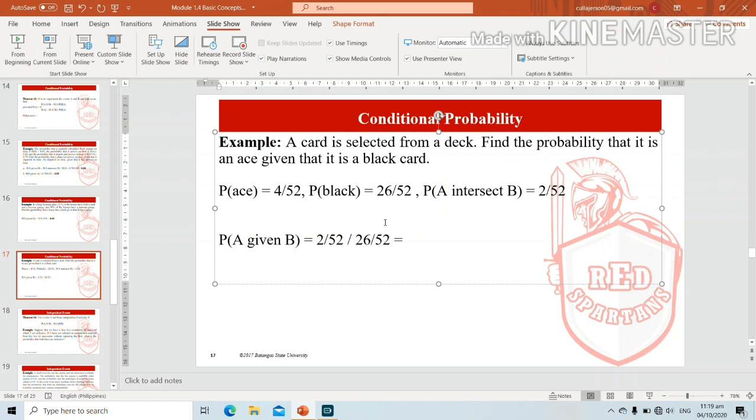So, ang sagot natin ay 2 over 52 divided by 26 over 52. Sagot natin is 1 over 13 or decimal natin is 0.08. Yan yung answer natin for this example.